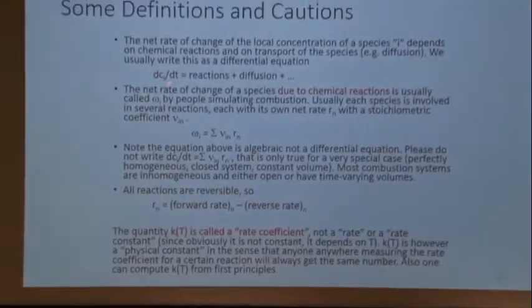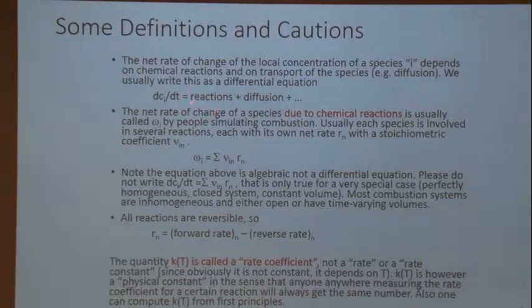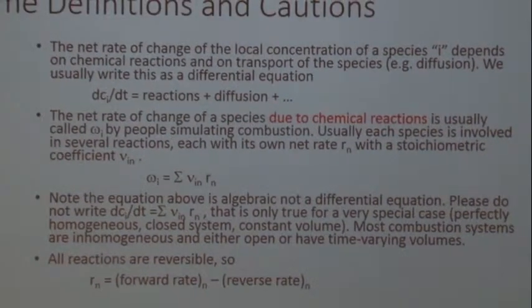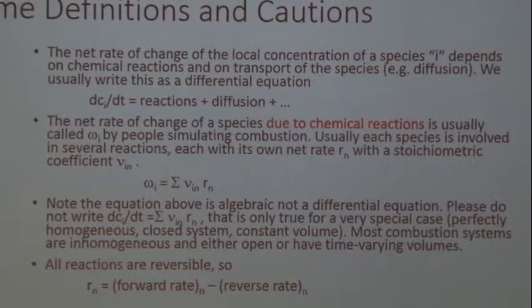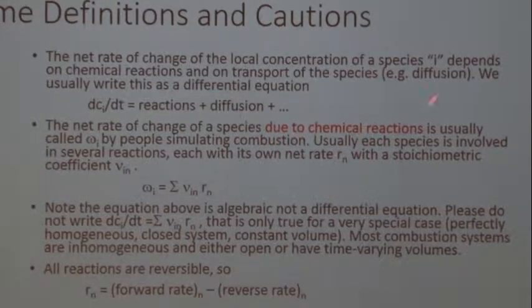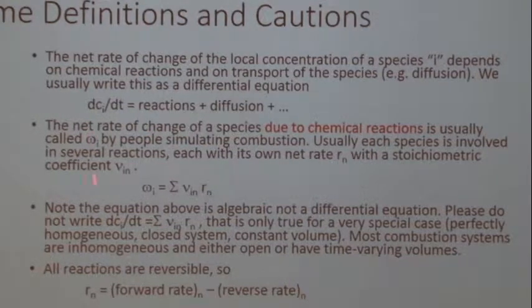Okay. Now the net rate of local change in concentration, the source term, is due to reactions, and then it's also the terms due to diffusion, convection, all this stuff. And so what I'm going to talk about exclusively is the rate due to the chemical reaction. It's just this first term here. So I'm not going to really give you dc dt, I'm giving you just one component of it.